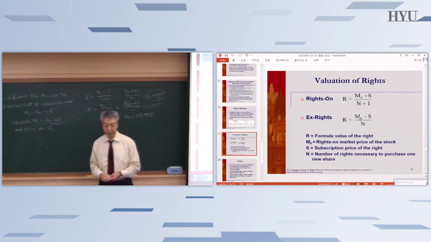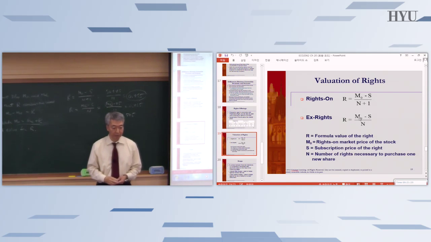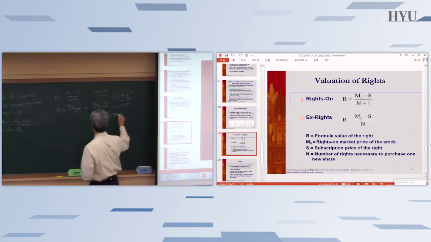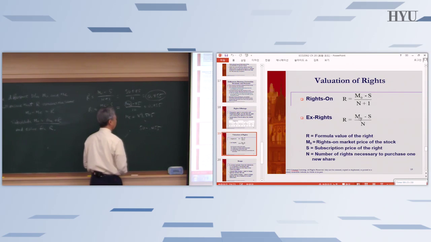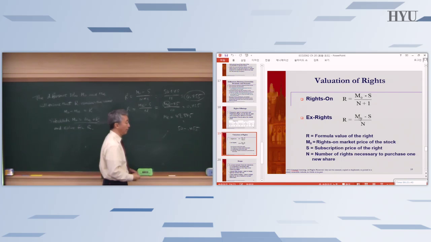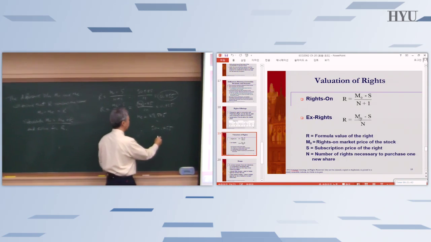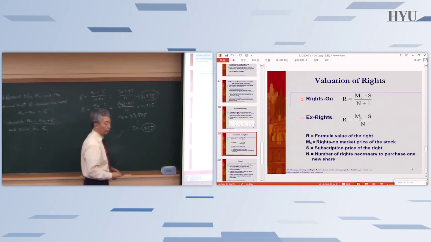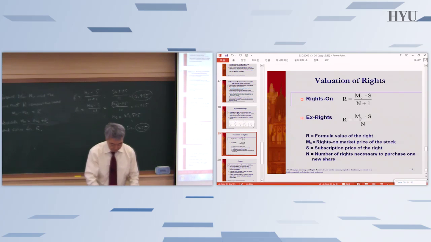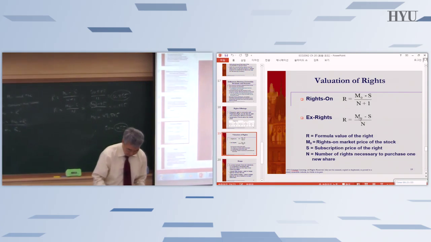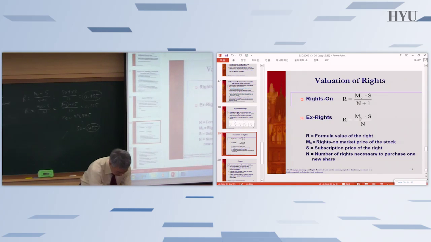In other words, after the ex-right date, the difference will be exactly that, because this is 50 minus 0.455. So exactly this amount would be the amount of drop in the stock price after the ex-right date. Okay, makes sense now, I guess.